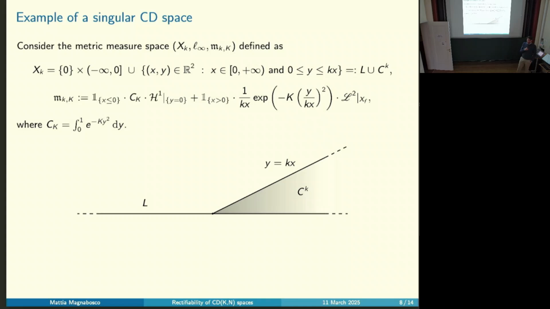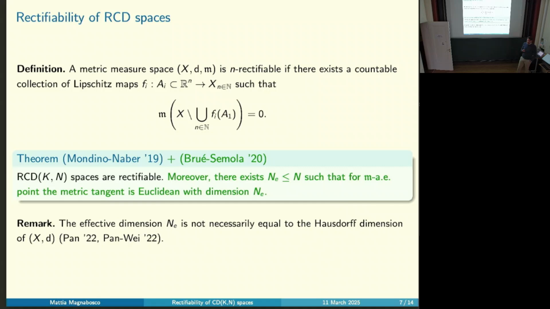Sorry, the previous result, if you have RCD(K,N) and the essential dimension is Ne, then is the space also RCD(K,Ne)? No. Take a weighted manifold.